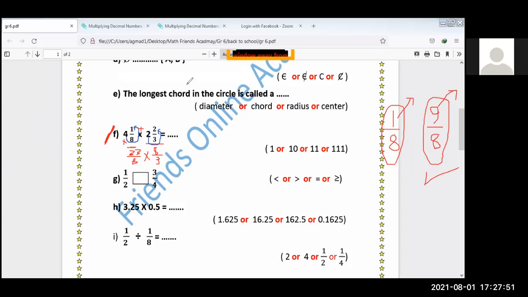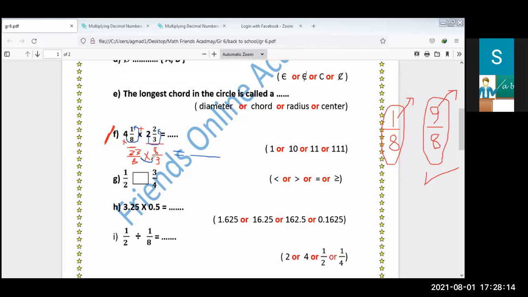What will I do? This is multiplication, Abdurrahman, not addition or subtraction.